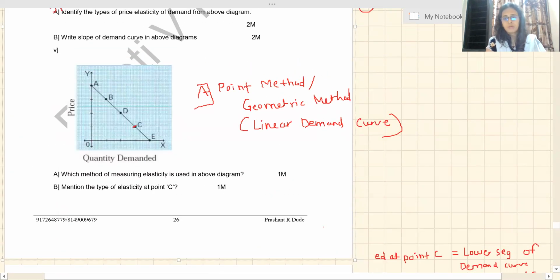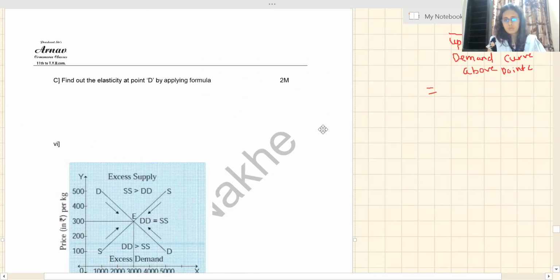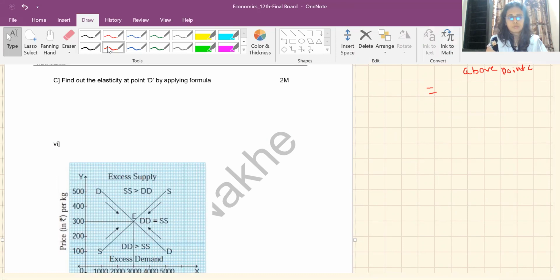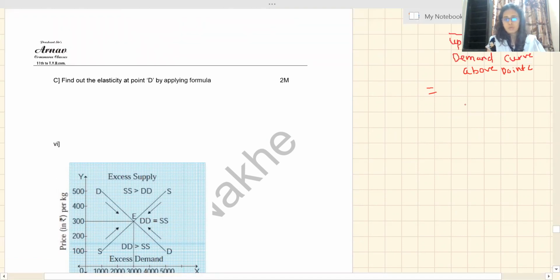So I will write here, first lower segment, then upper segment, CE upon CA. What they have asked you, mention the type of elasticity.